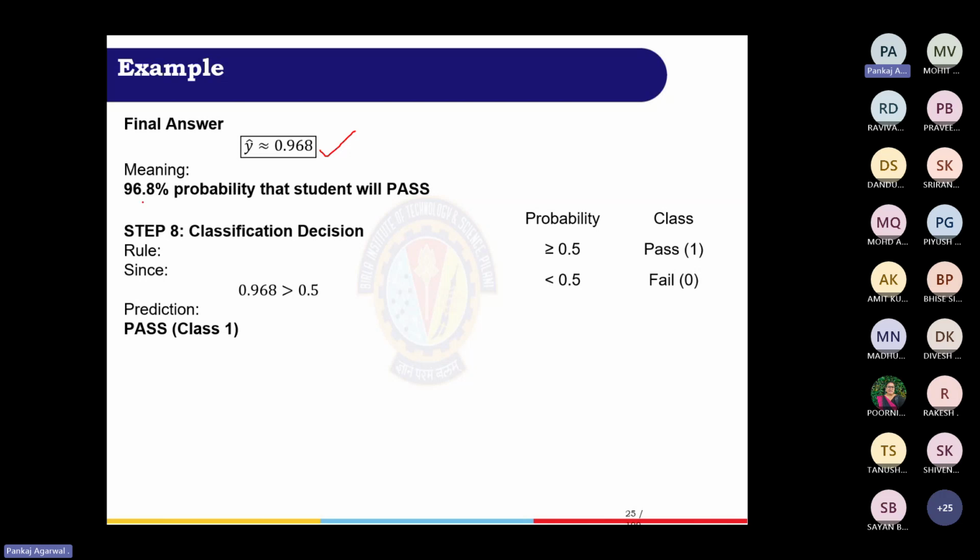It says a 96.8% probability that the student will pass, and the classification decision would be that it is greater than the threshold of 0.5, which was just one example I took. So it was class 1. This is a very simple example. If anyone hasn't followed it, they can work through it.